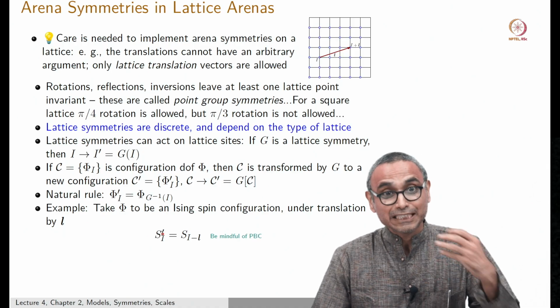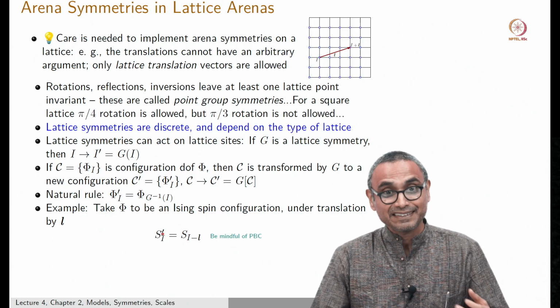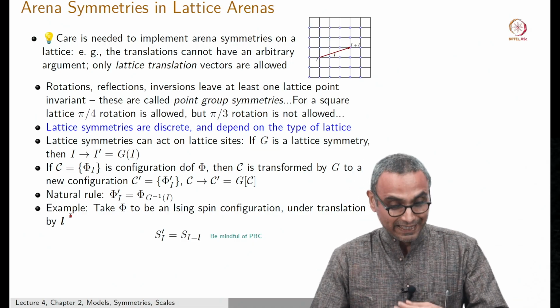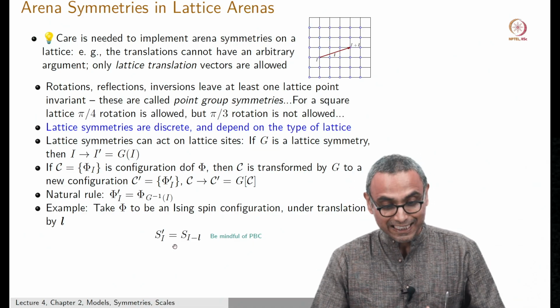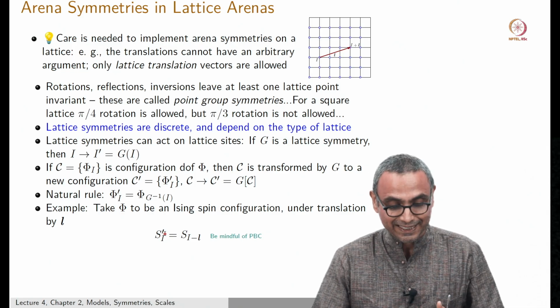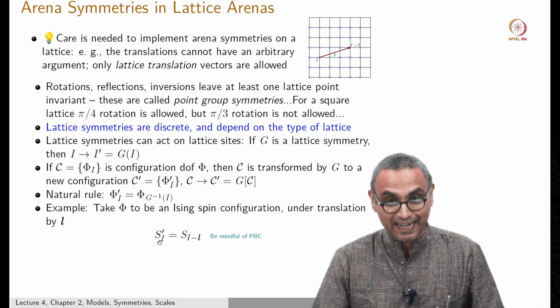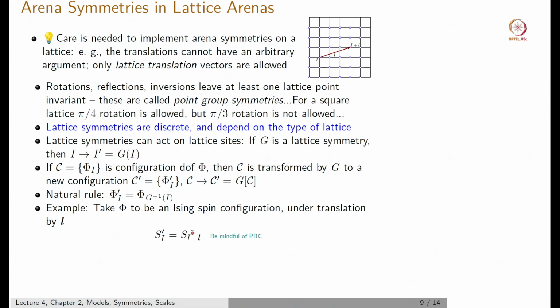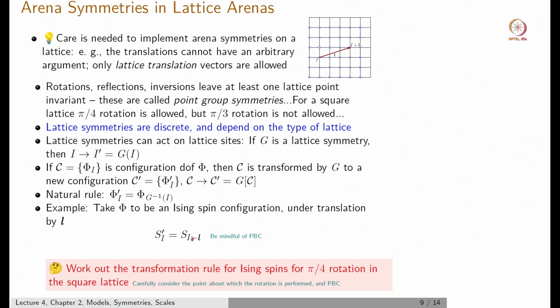The S prime, the transformed spin configuration, if I translate by a lattice vector L, is obtained by finding the lattice site which becomes the current site I. You find the lattice site which was the pre-image of I before the transformation, and you find the spin configuration there and attach it to the site I, and that will be S prime I. Okay, so you can work out what happens in the Ising case for pi by 2 rotation. Okay, this should be pi by 2. I'll change that in the notes.